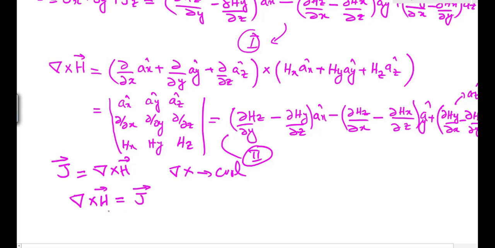So the curl is basically the rotation of the magnetic field intensity. You can see here that we are rotating or circulating through a closed path.